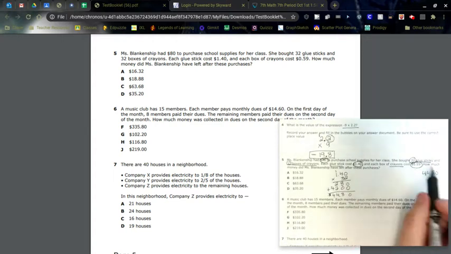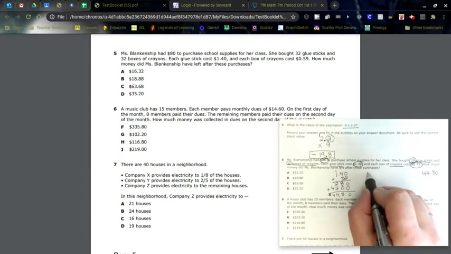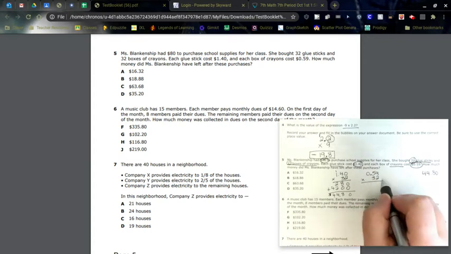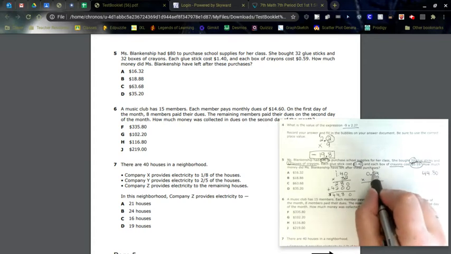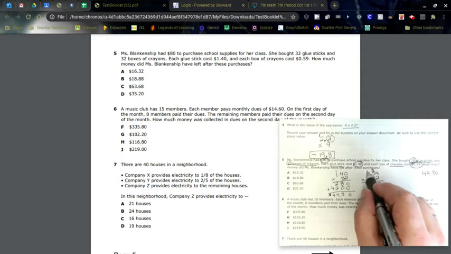And then we're going to do 59 cents times 32. So 0.59 times 32. 18, 10, 11. 3 times 9 is 27. 15, 16, 17. 1.